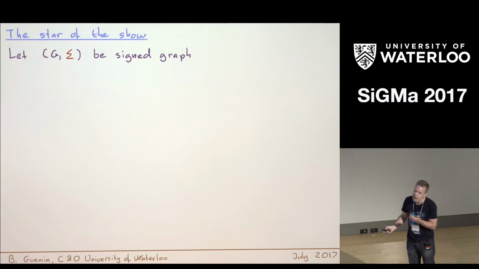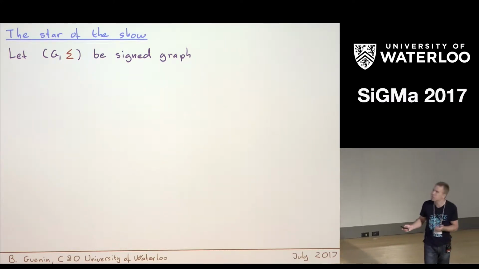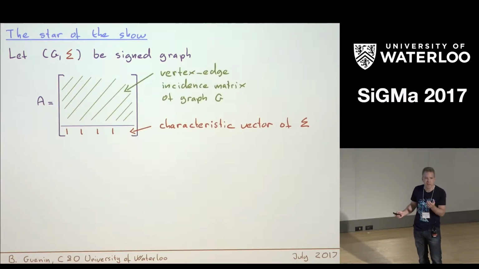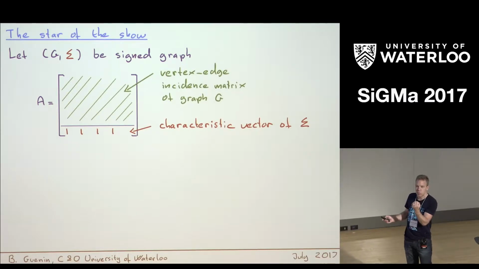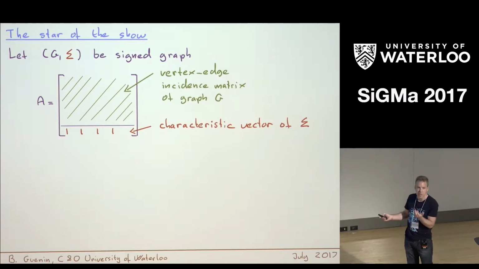So once I have a signed graph, I can construct a 0-1 matrix in the following way. I start off with the vertex-edge incidence matrix of the graph, which is the matrix which has edges for each of the columns. And I'm going to add one extra row, which is the characteristic vector of the signature. So that's a 0-1 matrix.